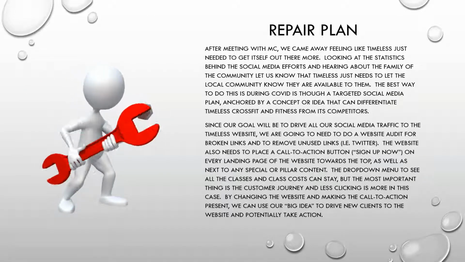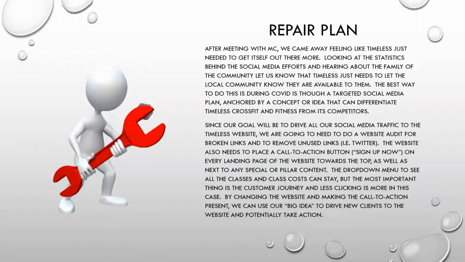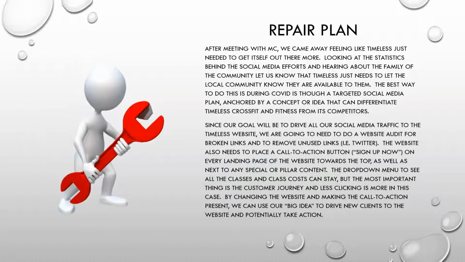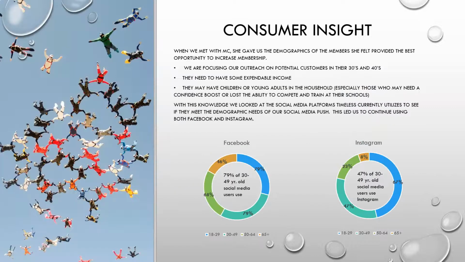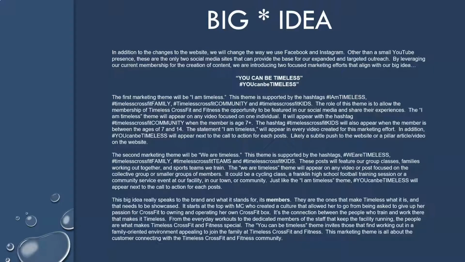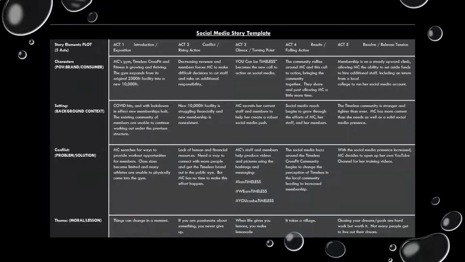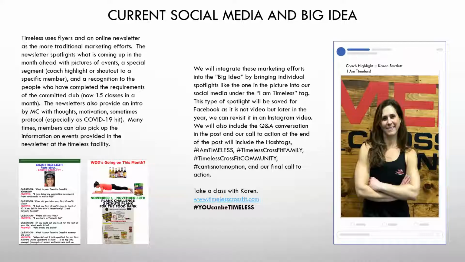In this case, these students were able to meet with the owner, so they were working together with the company. And there goes their big idea. Their social media plan was based on a couple of hashtags to create brand awareness. There goes their social media story template.